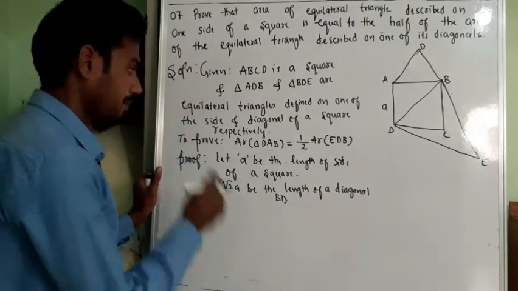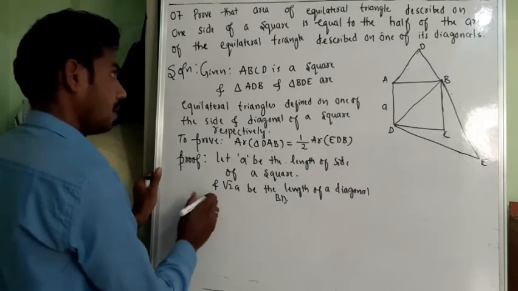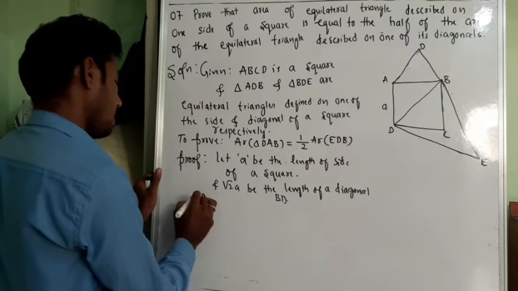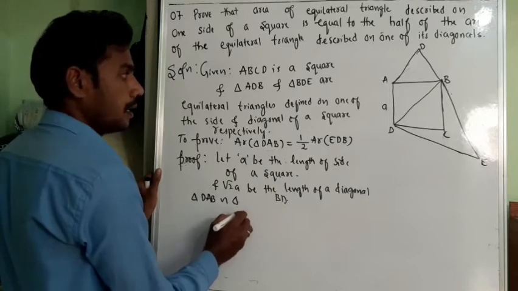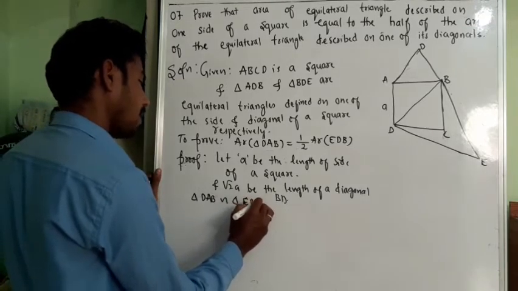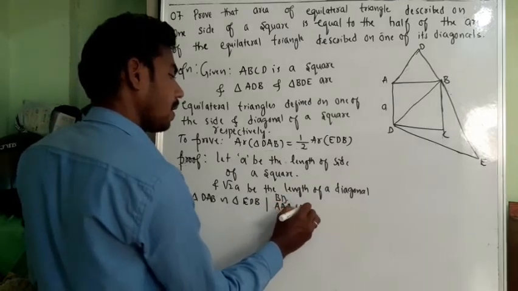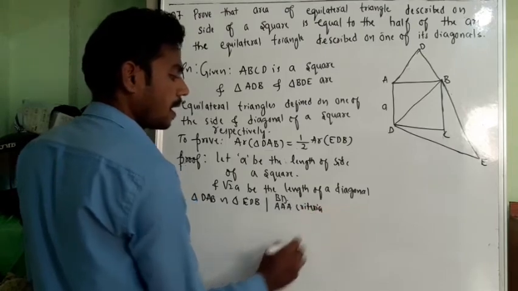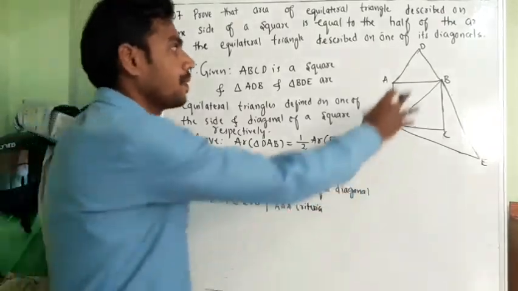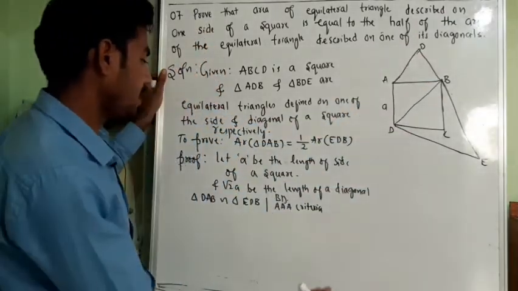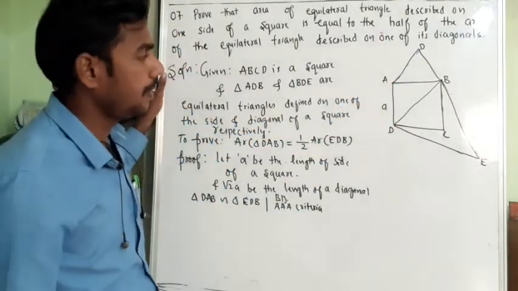Now triangle DAB is similar to triangle EDB because of AAA criteria. See, both are equilateral triangles, and all the angles will be equal to 60 degrees. That is the reason triangle DAB is similar to triangle EDB.